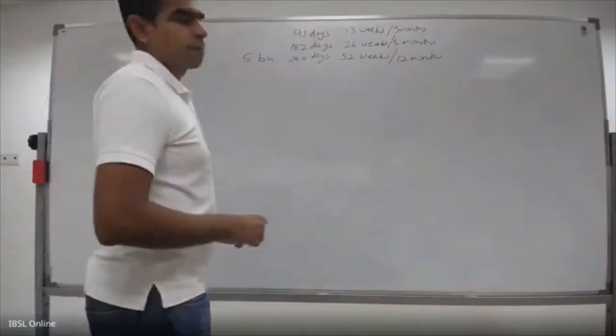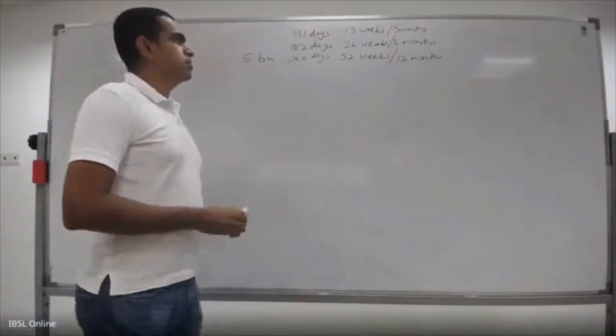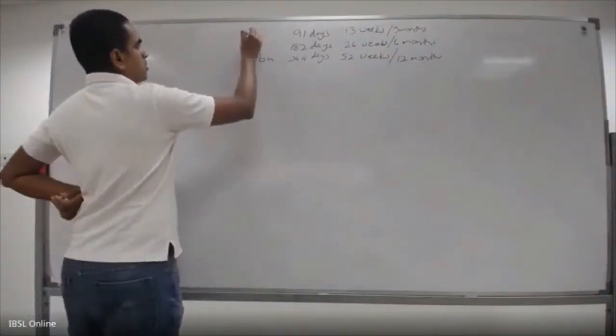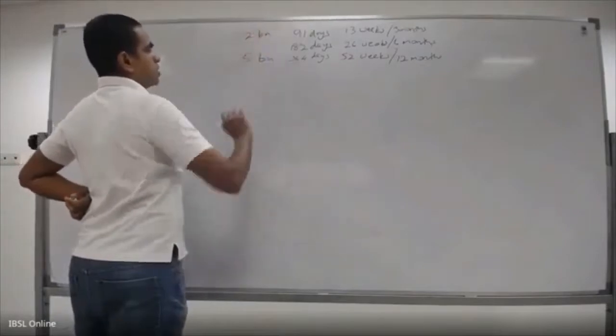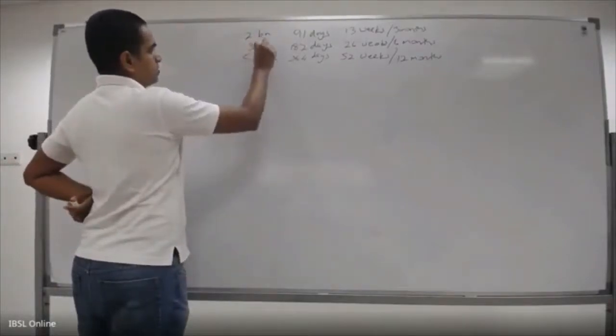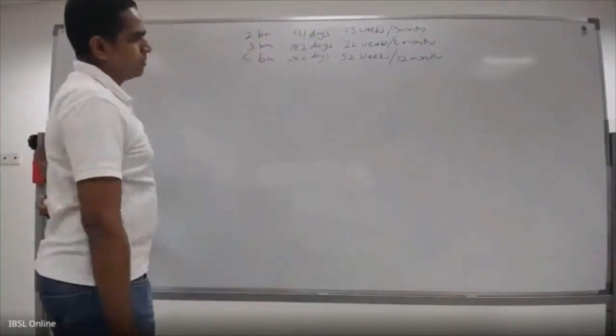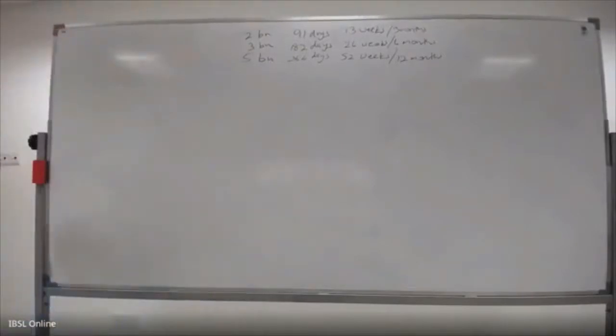So they might say government will borrow 2 billion, 91 days, and maybe 3 billion, 182 days, and 5 billion, 364 days. Right. So this is the auction announcement. It will come like this.